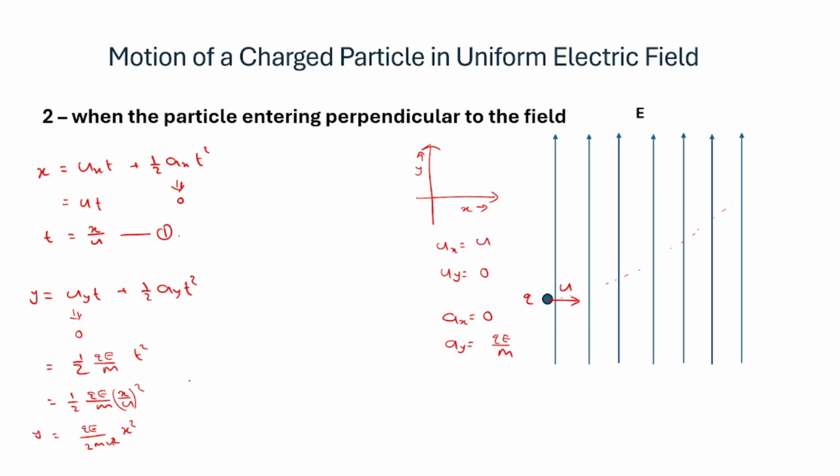So here the charge is a constant, the electric field is also constant, the mass of the particle is constant, and the initial velocity is also constant. So we can say that y is proportional to x square. That is, the displacement in y direction will be proportional to the square of the displacement in x direction.